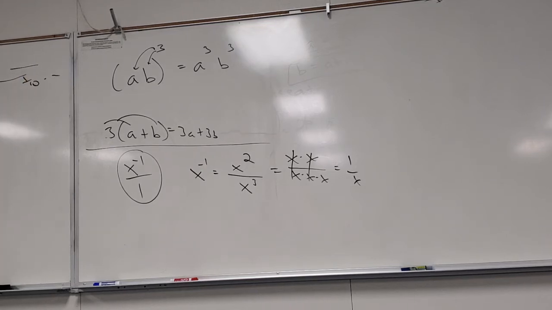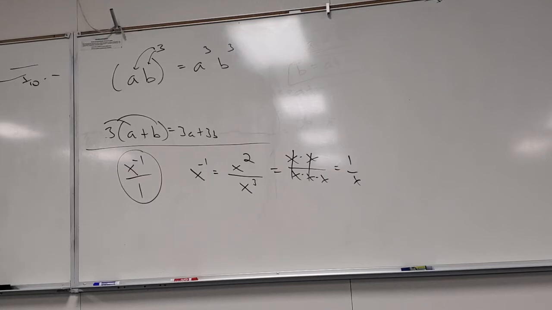So x squared. If I divide by x, I end up with x to the first power. Let's do this. Divide by x: x to the first. If I divide by x again, I get x to the 0, but also x divided by x is 1.